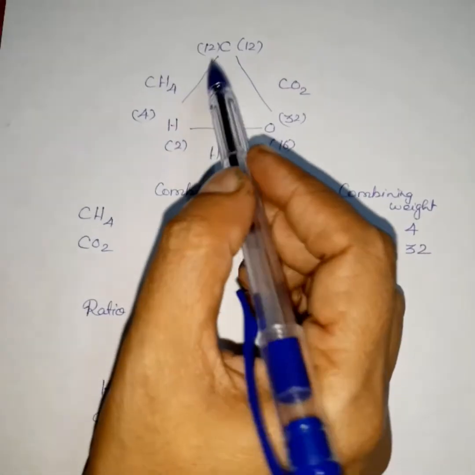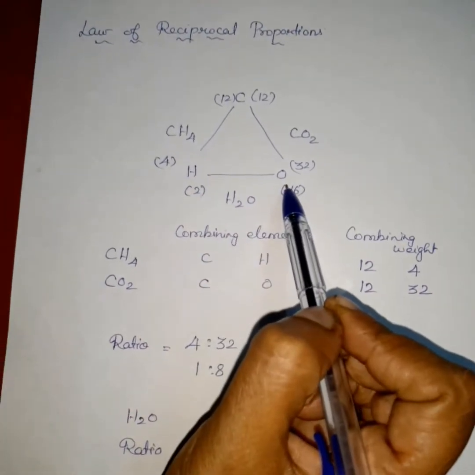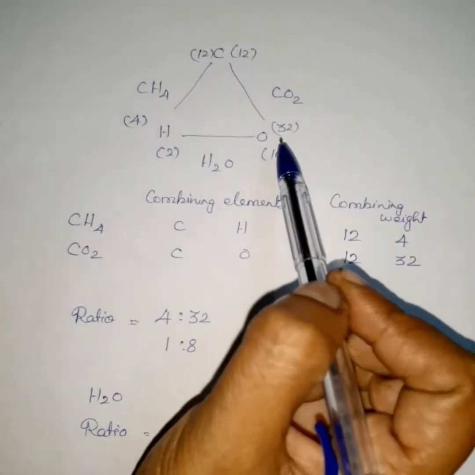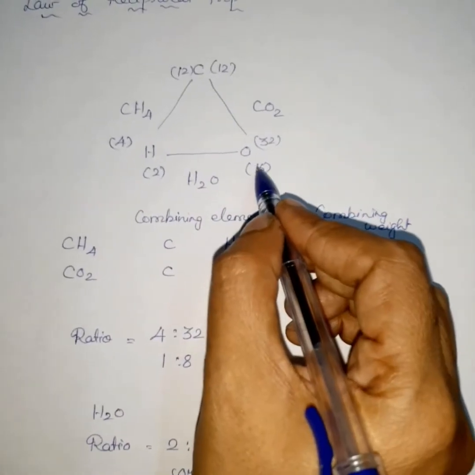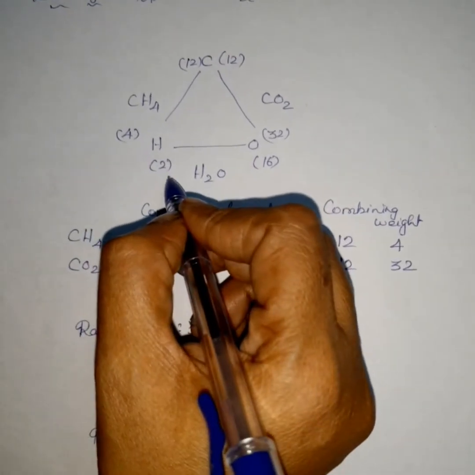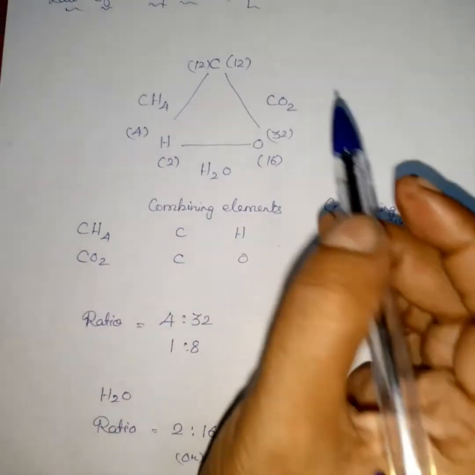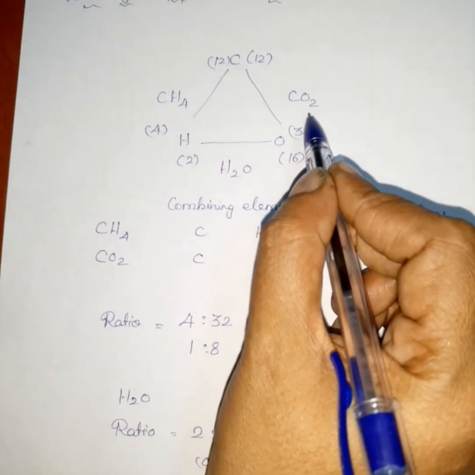Okay, here listen, carbon and hydrogen and oxygen. Carbon has the mass number 12. Oxygen has the mass number 16 and hydrogen has the mass number 1. Now here listen, CO2, carbon dioxide.